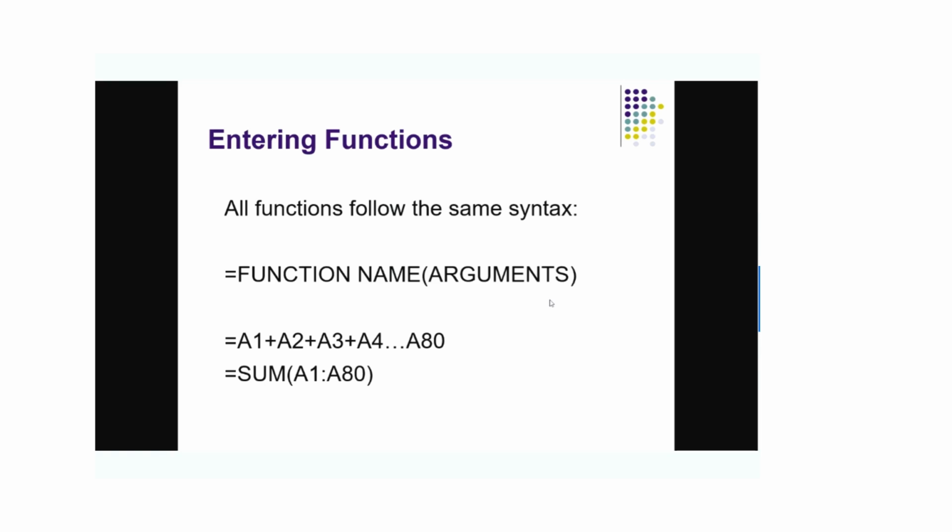If I wanted to add up the content of cells A1, A2, A3, all the way to A80, typing A1 plus A2 plus A3 plus would take a lot of time. Or I could say equal sign sum. And the function named sum inherently knows to add together the cells in the arguments. And it says sum together the values in cells A1 through A80 with the colon meaning through.